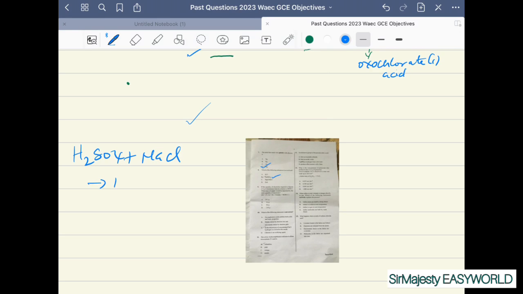It will give you the acid salt, which is in the option, sodium hydrogen tetraoxosulfate(VI), plus water, because this is neutralization. But on further reaction of this particular acid salt with excess sodium chloride, it will give you further a normal salt.